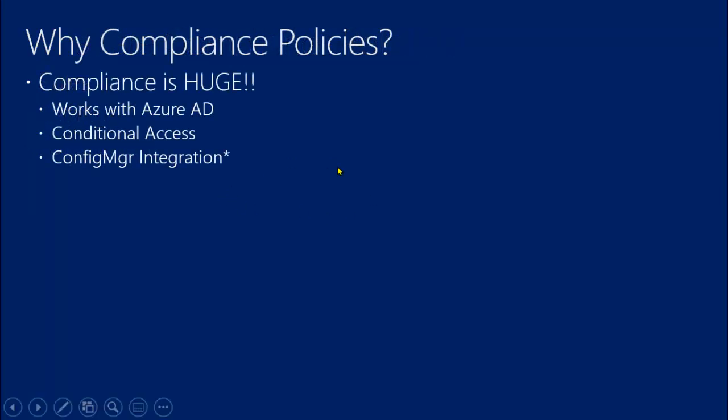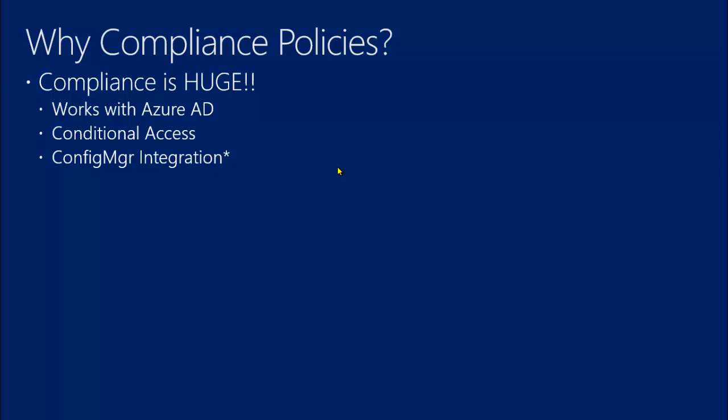So why do we care about compliance policies? Well, compliance is huge. It's really a big deal in what you might want to be able to do and control and use in certain definitions. What do I mean? Well, compliance works with Azure Active Directory, right? That's basically where Intune lives, and so of course it does work with Azure Active Directory.